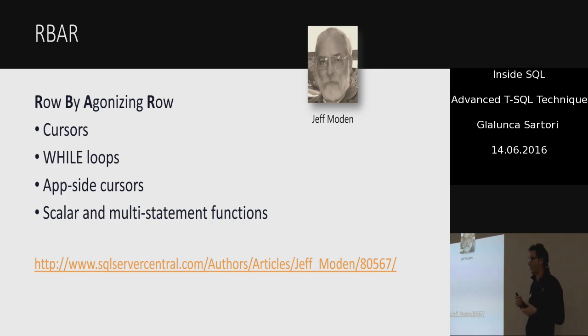Why is RBAR a bad thing? Well, we know that cursors don't scale well, but also the main reason why doing things one row at a time is not wise is because the execution strategy is fixed and it doesn't change when the data distribution changes. Imagine you have some joins, and you're accessing one table first and looping through all the rows, and then the second table and looping through all the rows with nested loops.